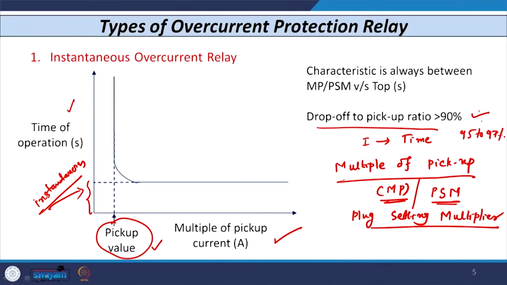So, whenever any manufacturer designs the instantaneous overcurrent relay, it tries to maintain the drop off to pickup ratio greater than 90%. Whatever relay is presently available has a drop off to pickup ratio of roughly 95 to 97%.